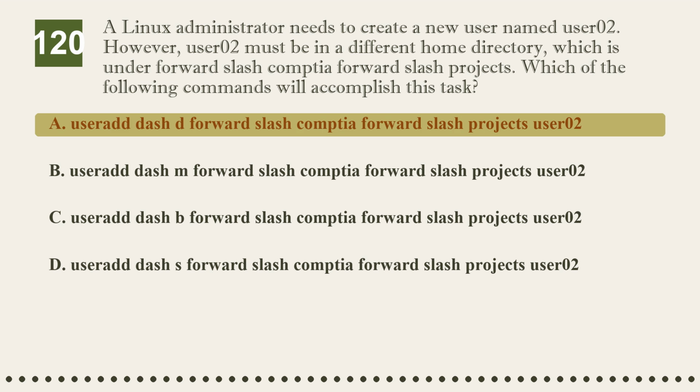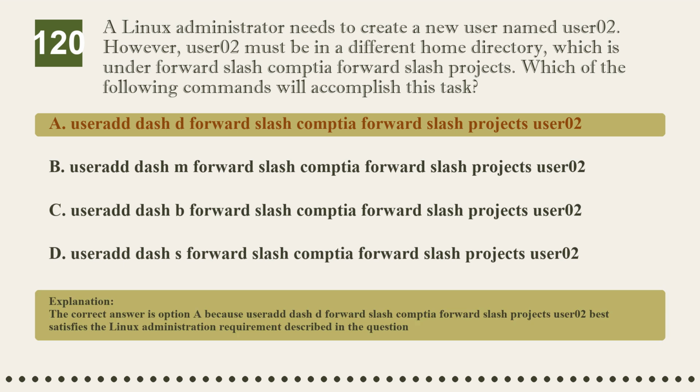The correct answer is option A, useradd -d /CompTIA/projects user02. The correct answer is option A because useradd -d /CompTIA/projects user02 best satisfies the Linux administration requirement described in the question.